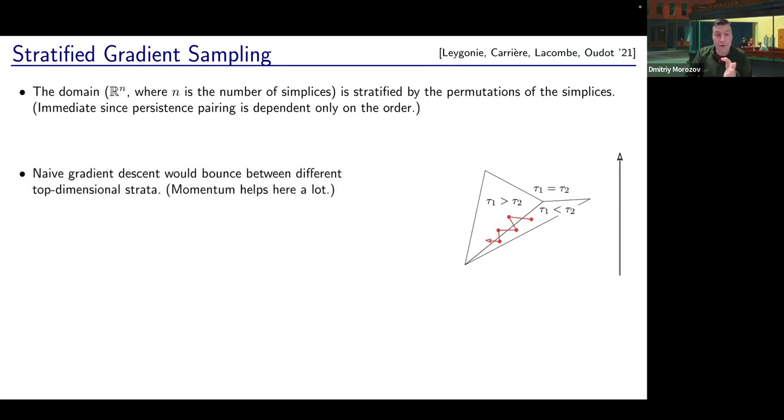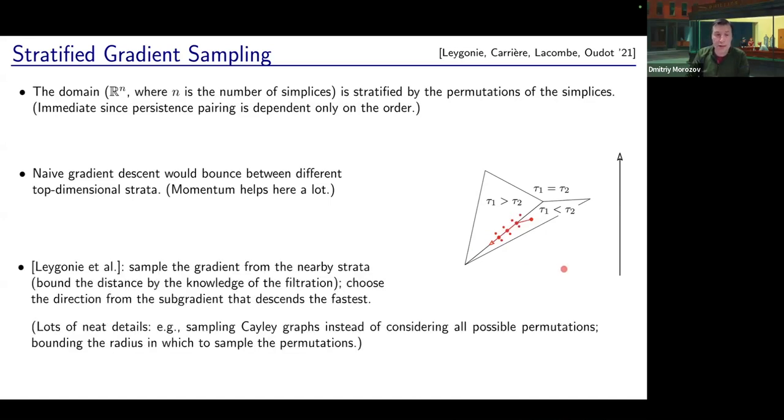And so what we saw in the previous slide, the most naive gradient descent, bounces between these strata, right? As we started here, we take a step, now we're in a different stratum, different pairings, so we have to go in a different direction. And we keep bouncing, and this wastes a lot of time. So what they suggested is that at any given point, you can sample the gradient from the nearby strata.